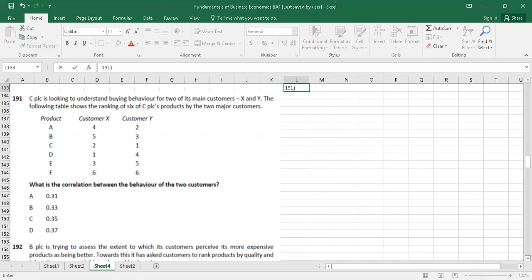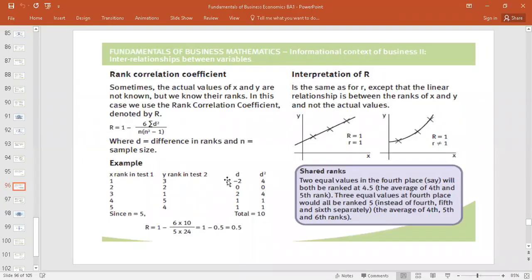So the formula of rank correlation, this is the formula of rank correlation.